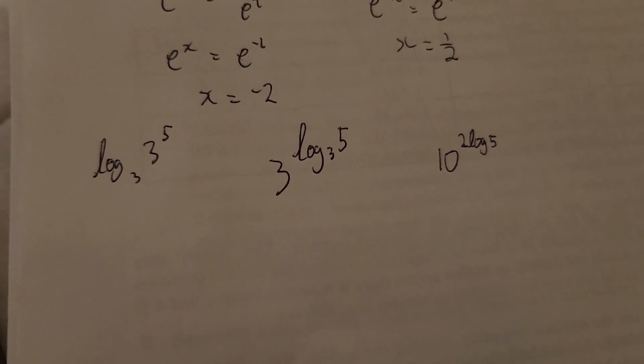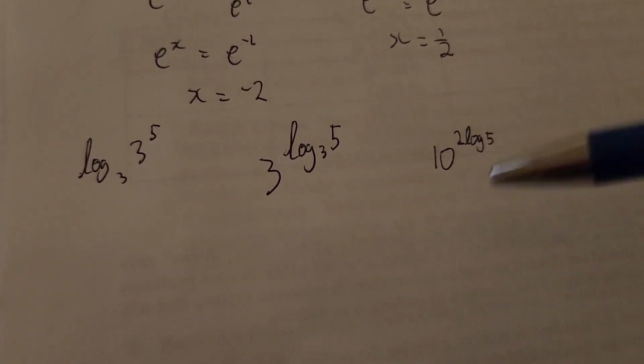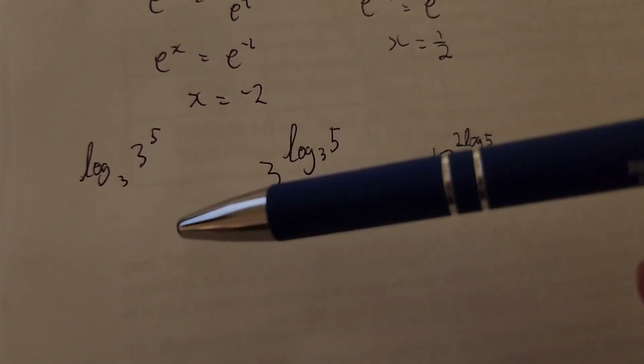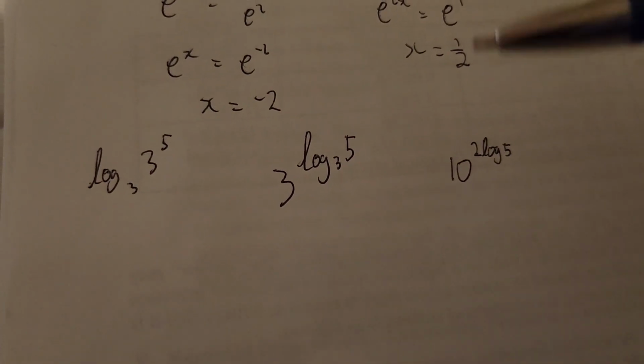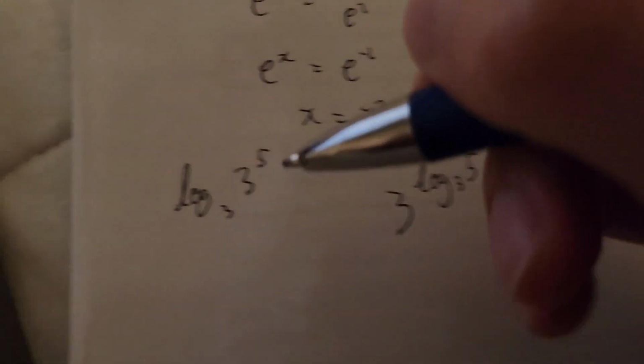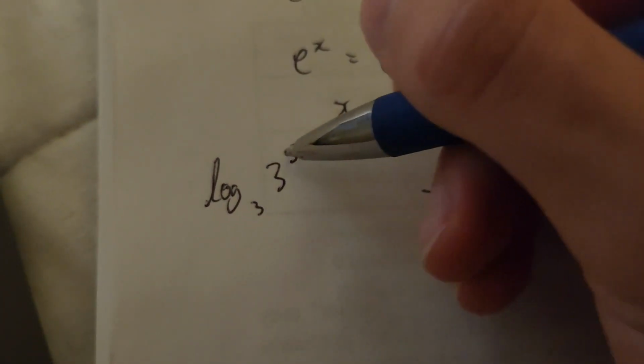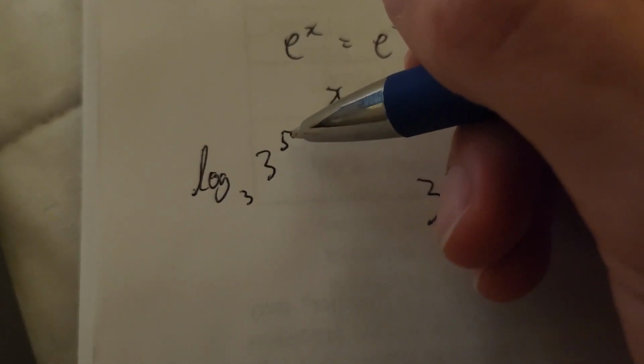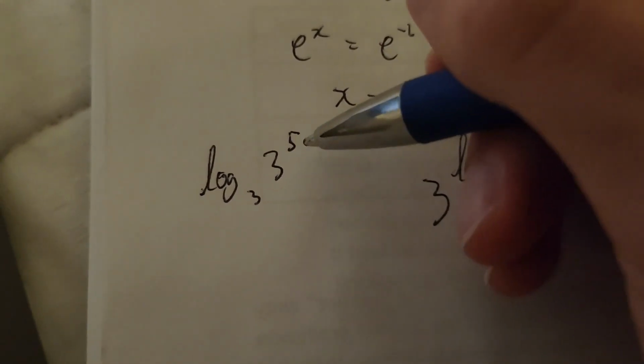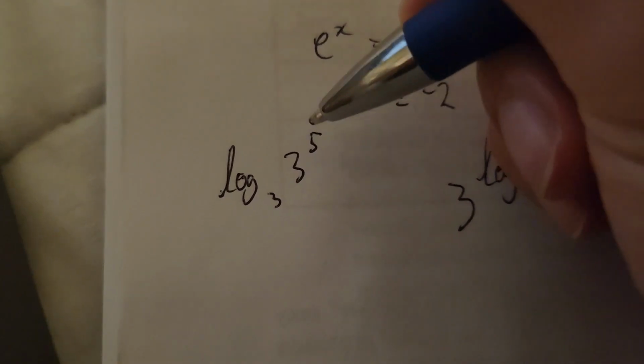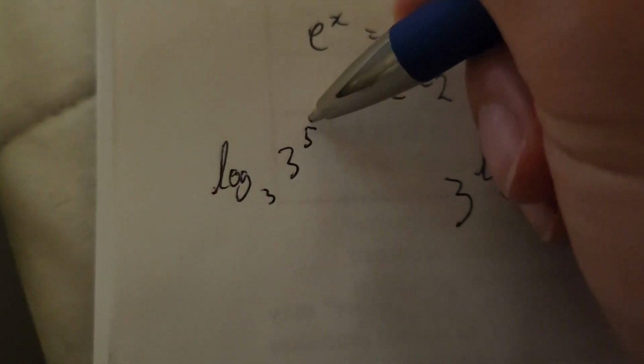So now, when we're faced with exponents, for instance, such as this, this is what we can do. Firstly, we have log base 3 of 3 to the power of 5. First, we can use the log rule where the 5 goes down. So we bring the exponent down.